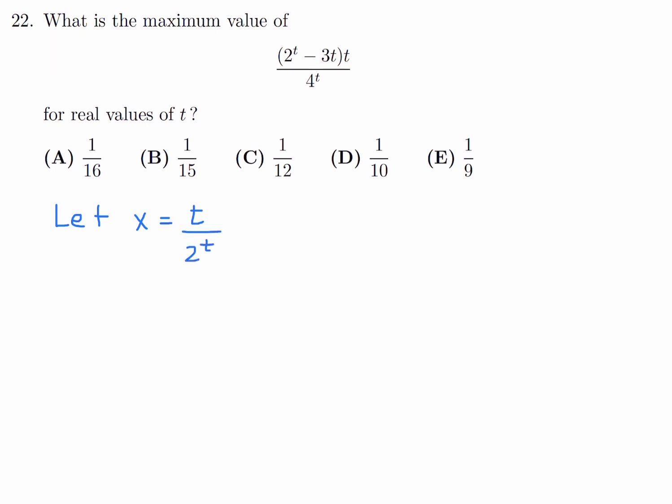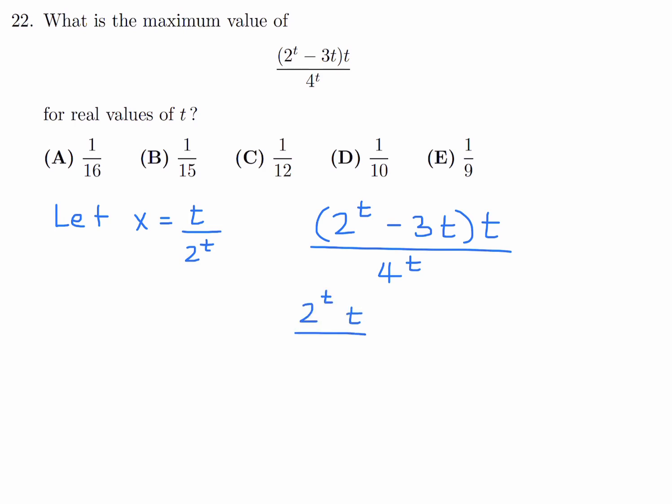And in a careful way, I will show you how that substitution will be placed into our equation. Our equation is 2 to the power of t minus 3t, all multiplied by t, all over 4 to the power of t. So the first thing, of course, I can just break this up. This is 2 to the power of t multiplied by t over 4 to the t, and then 3t squared over 4 to the power of t, like that.